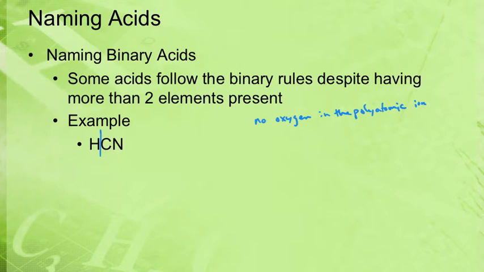This is a cyanide ion. So we're going to name this in a similar fashion as we did HCl and HBr. We start with hydro, and CN is cyanide. So the root of that is cyan, and we're going to change the suffix to ic. So this is hydrocyanic acid. Even though this isn't just a single element, there's no oxygen in it, so we're going to apply the binary rules here. We're not going to see this too frequently, but just be aware that it can happen.